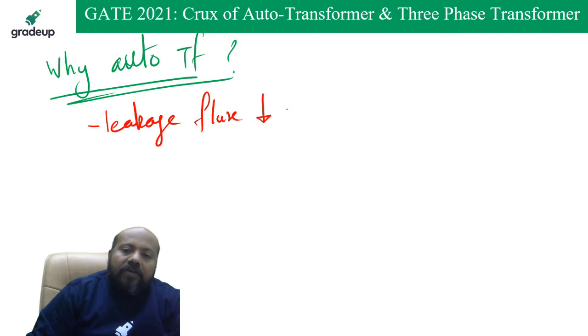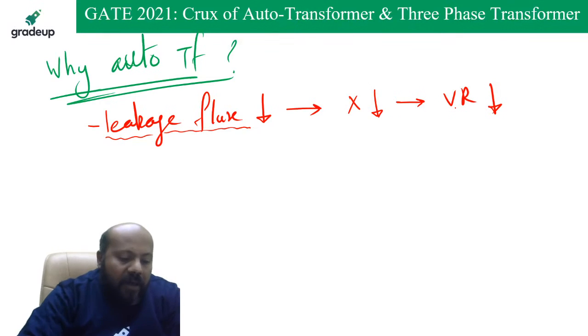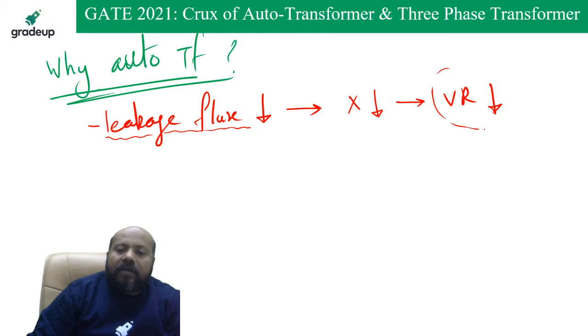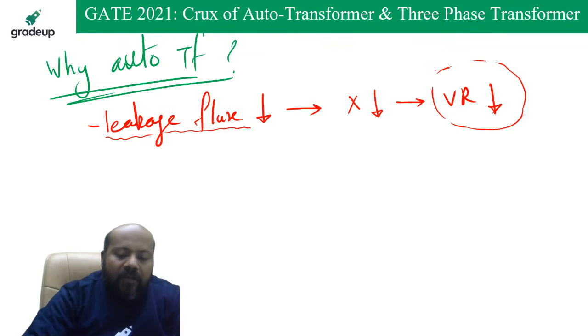If leakage flux is less, the reactance which represents the voltage drop due to leakage flux is also going to be less. So voltage regulation is going to be less. It means if you are using the auto transformer, you are going to get a lesser voltage regulation. This is the first thing.